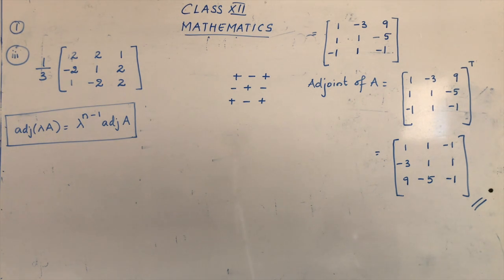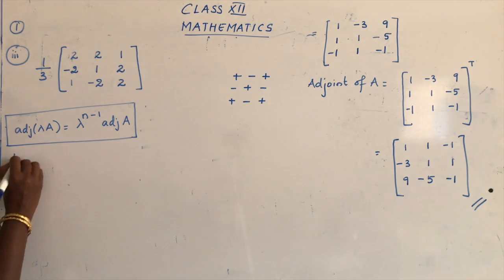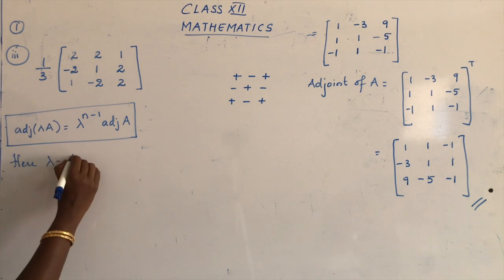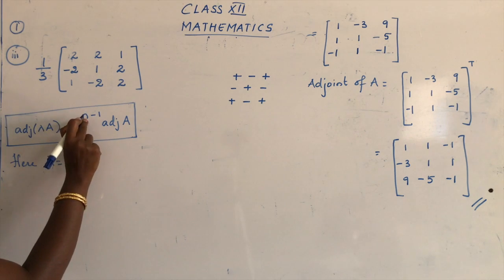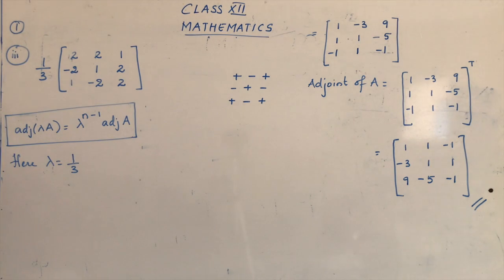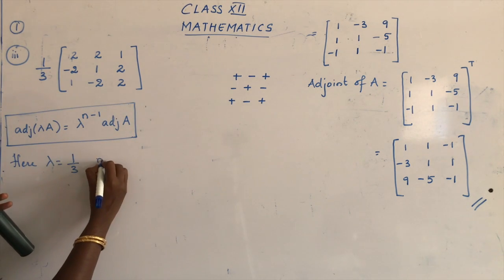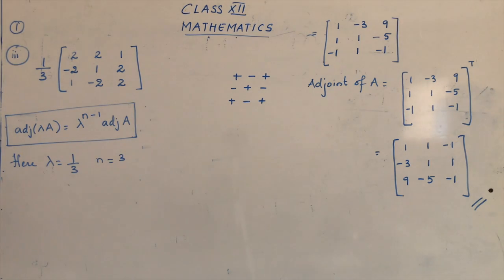Okay, so now let's see what is lambda here and what is n here. So here, lambda is equal to 1 by 3 and n is nothing but the order, and what is the order over here? It's a 3 by 3 matrix, so n becomes 3. So here we have got two values. That is, we have got the value for lambda and we have got the value for n.